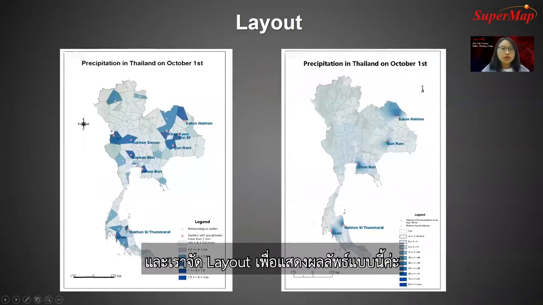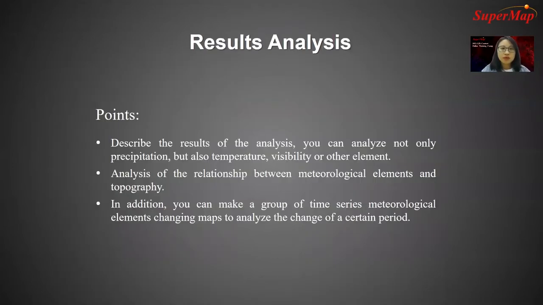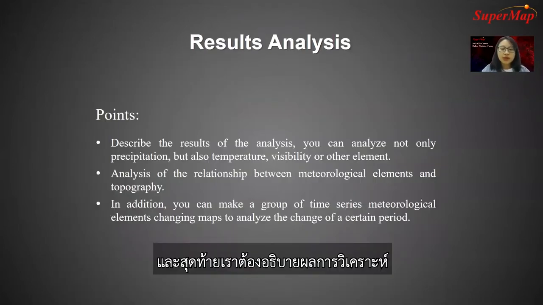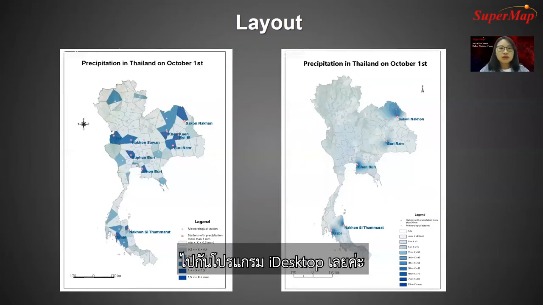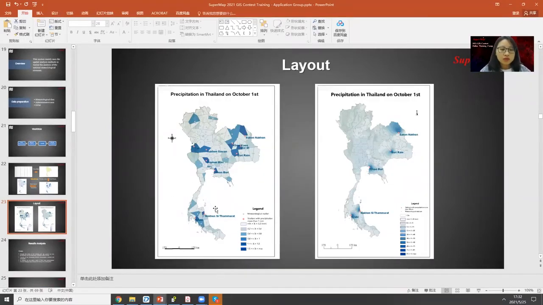And then we should lay out the results like this. And finally, we need to do the analysis work of this. So now let me go back to the SuperMap desktop.